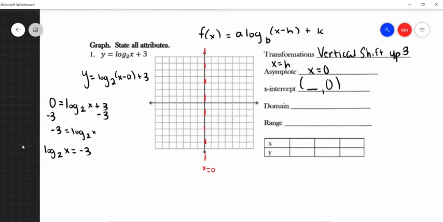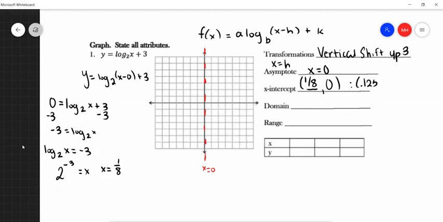And then I'm going to convert this to exponential form, which means my x and negative 3 switch places, so I get 2 to the negative 3 equals x. So this says x equals 1 over 8. So the x-intercept is the point 1 over 8, comma 0. If I wanted to graph this, it is a small point.